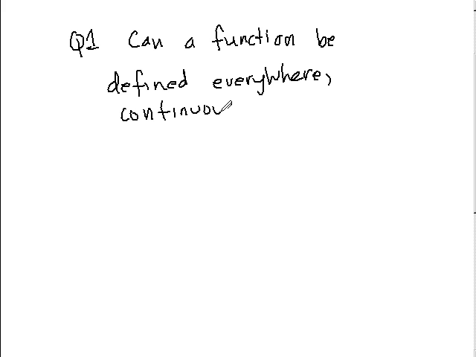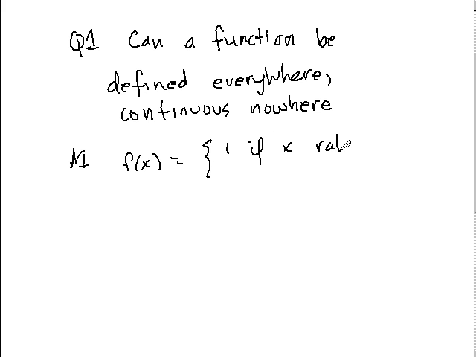Well, we know that now, but this was a puzzle. A potential answer is to take f of x, which is 1 if x is rational, and 0 if x is irrational.